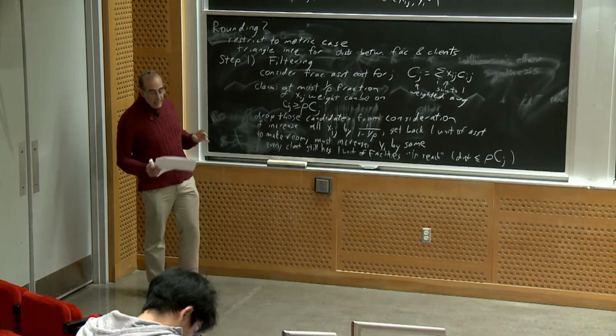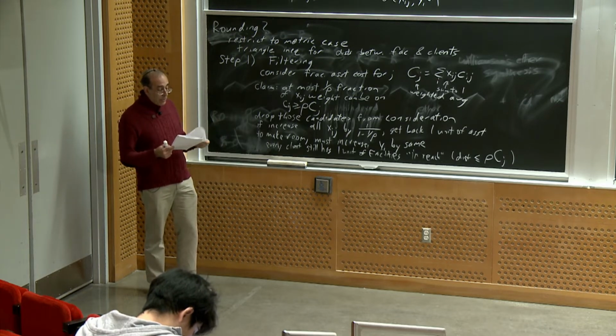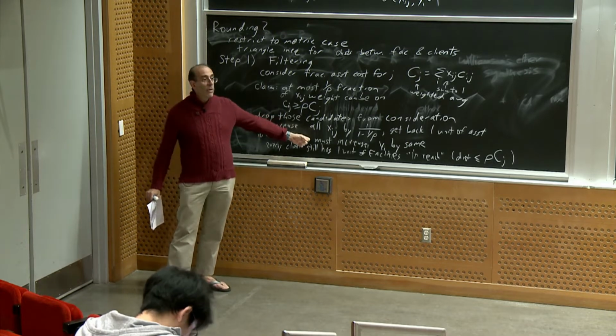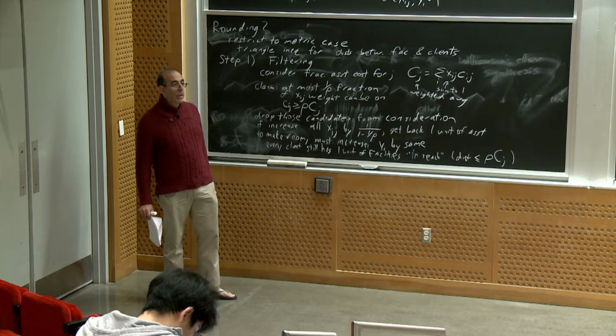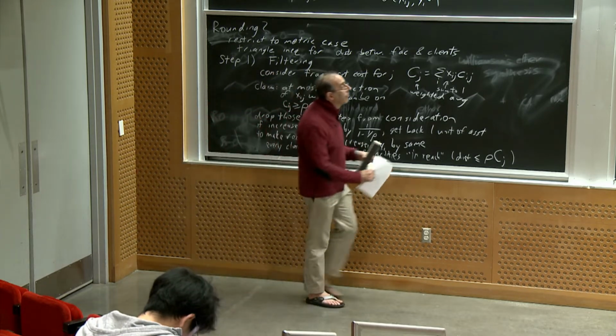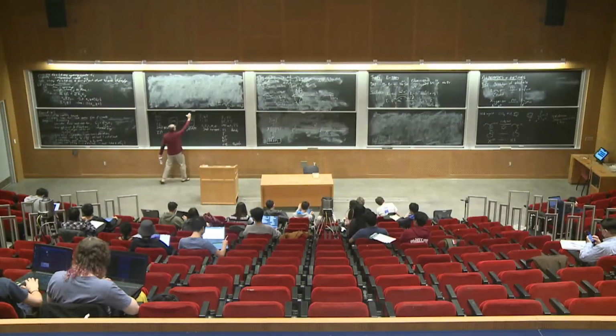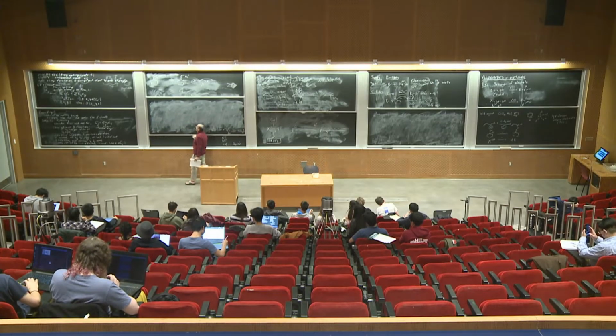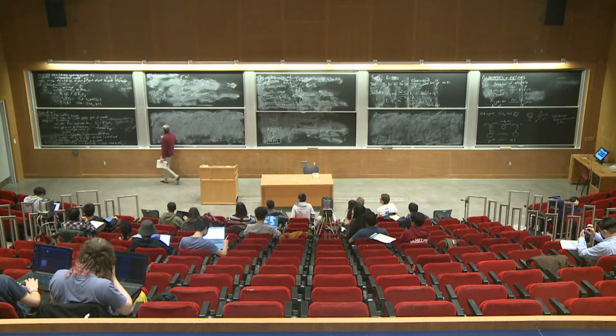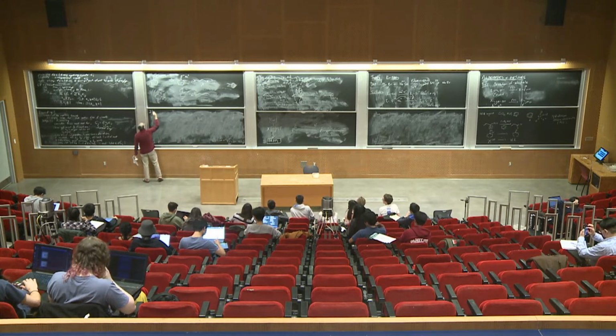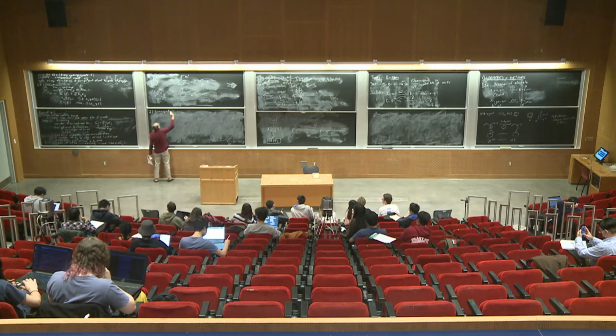Now what we're going to do in the second step, the actual assignment step, is we are going to assign every client to one of these not too expensive facilities that are still available to it. But in order to do that, we're also going to have to open facilities. So step 2 is the steps of opening plus assignment.